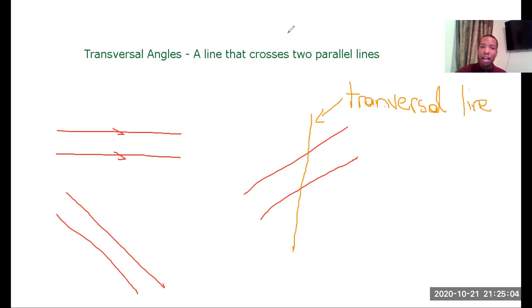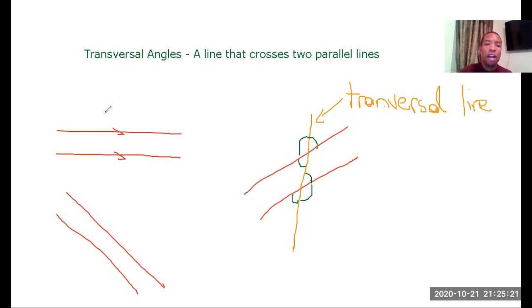And then within that, I created some transversal angles. I created all these different angles right here. So a transversal angle talks about a line that crosses two parallel lines.